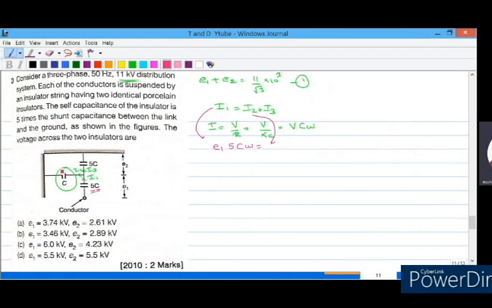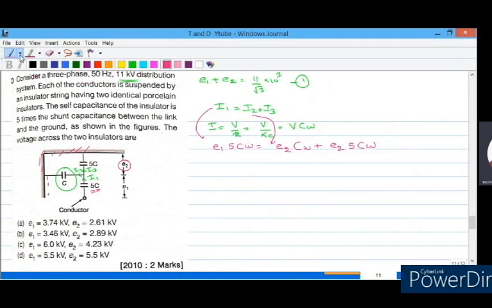So I2 means current flows here. As the earth point, as the common connection comes here, to find the voltage across the shunt capacitance, we need to take this voltage. So here it is E2, and the capacitor is only C, and then omega. And then I3, here we have, to find this one, it is E2 5C omega.